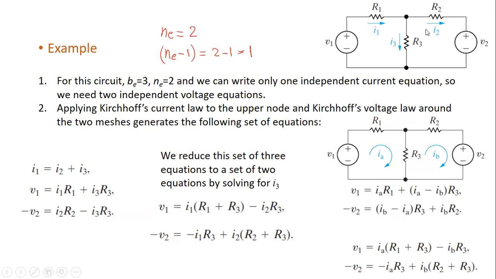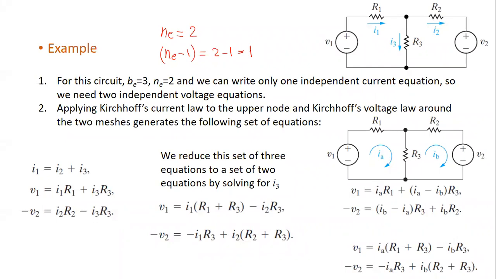Once I have 3 currents, I have 3 unknowns, and how many equations do I need to find the 3 unknowns? 3.